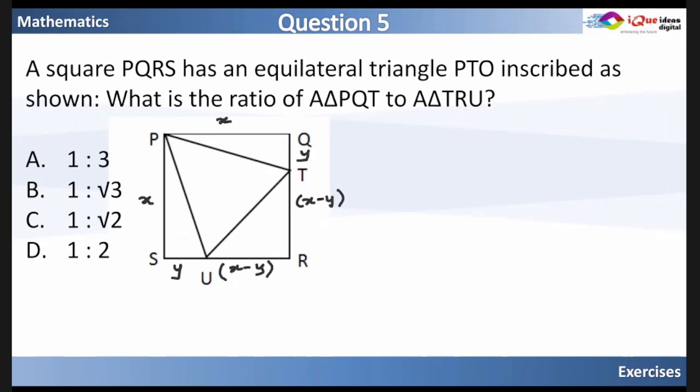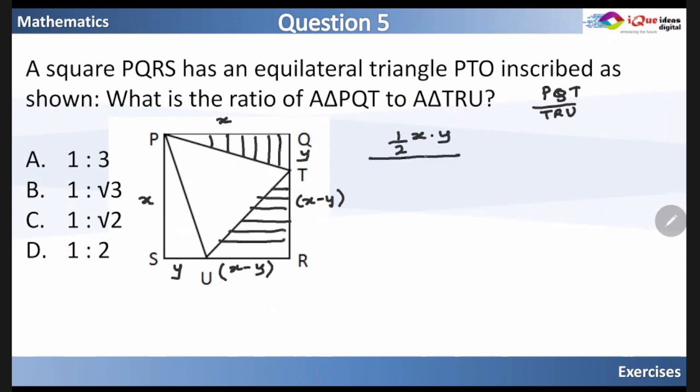Okay, now let's start. It says you have to find the area of PQT to the area of TRU, right? So PQT, the top triangle, the area will be half of base into height, so half of x into y. And TRU is again half of base into height, and both base and height are x minus y, so half of (x minus y) squared.